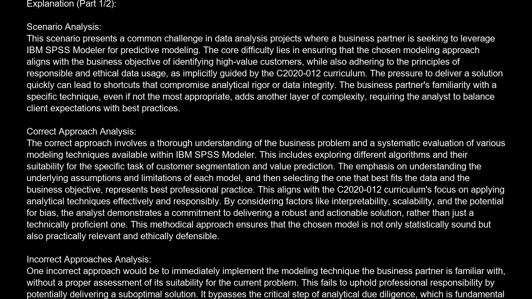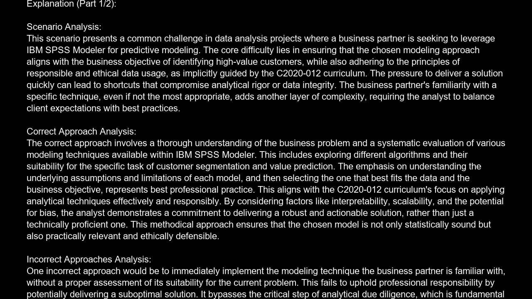The pressure to deliver a solution quickly can lead to shortcuts that compromise analytical rigor or data integrity. The business partner's familiarity with a specific technique, even if not the most appropriate, adds another layer of complexity, requiring the analyst to balance client expectations with best practices.